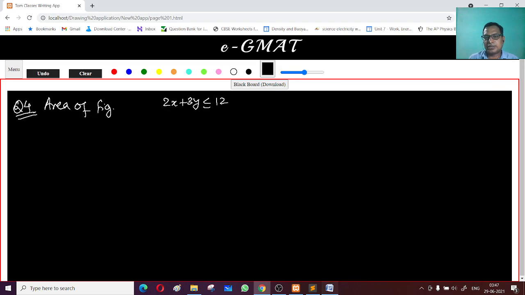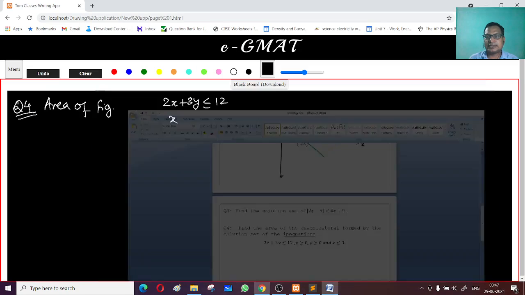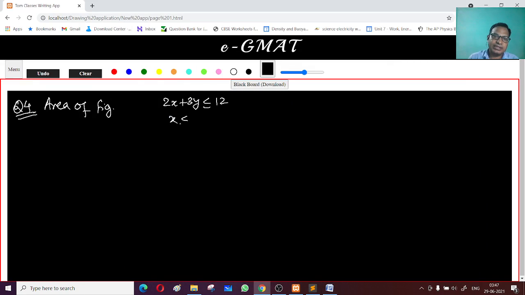That is one condition given. And then x is greater than or equal to 0, y is greater than or equal to 0, and x is less than or equal to 3. These are the conditions which are given to us.